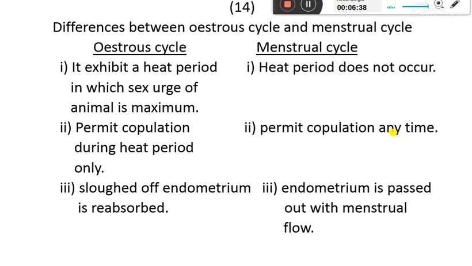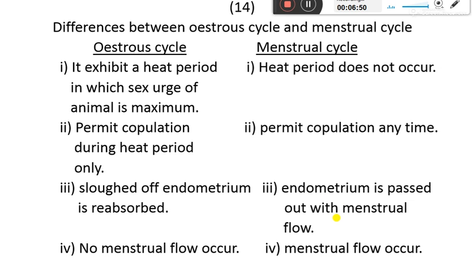In the oestrus cycle, this endometrial lining is reabsorbed, while in the menstrual cycle, the endometrial lining is passed out with the menstrual flow. So in the oestrus cycle, we find no menstrual flow, while in the menstrual cycle, menstrual flow occurs.